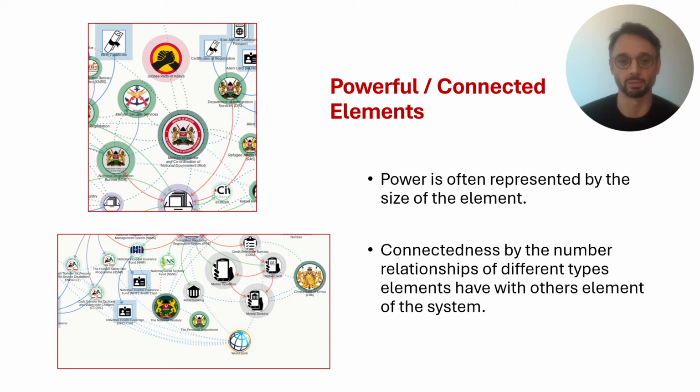Power can often be represented by the size of the element in your map, and how you do that all depends on your research of what constitutes power in that particular system. However, importantly, the number of interconnections and relationships particular elements have can also be an indicator of power, with those with more relationships and interconnections likely to be more powerful. Remember, this is not a law, and the power and which elements have it will always be contingent and specific to a particular complex system.